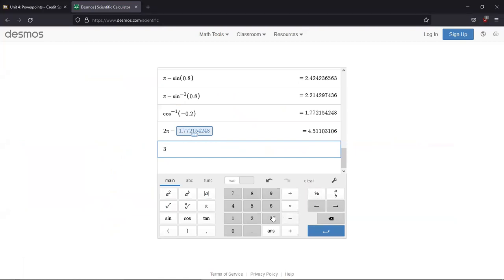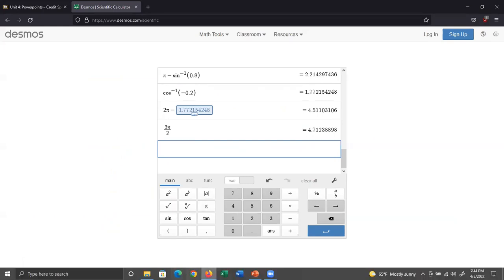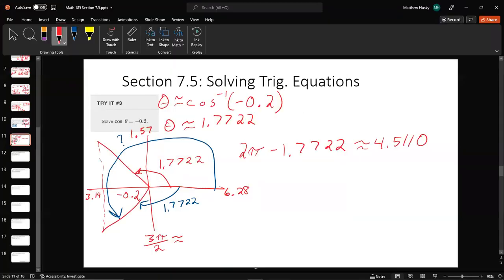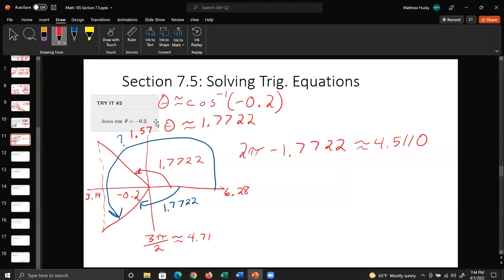So if I do 3 pi divided by 2, that's like 4.7 roughly. I think 4.71 it said. Yeah. So anyway, the point is, this is 3.14, this is 4.71. 4.51 is somewhere between those, which makes sense. That is in the right ballpark for what that should be.